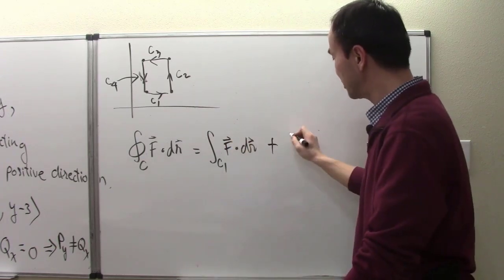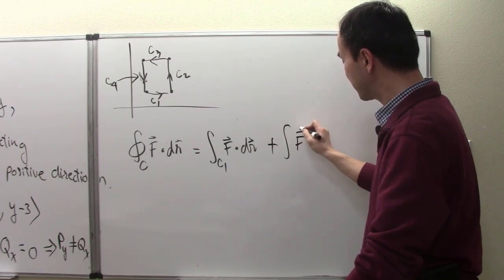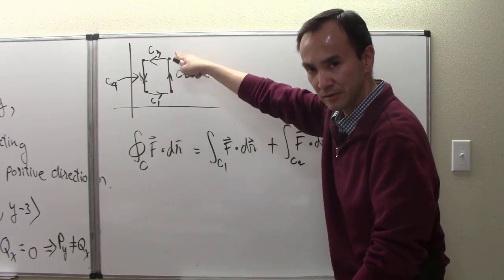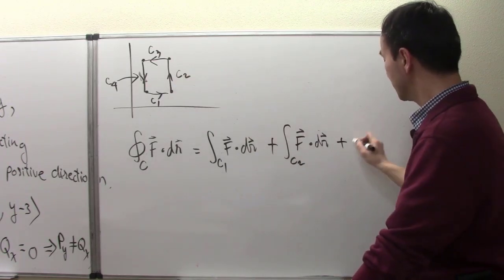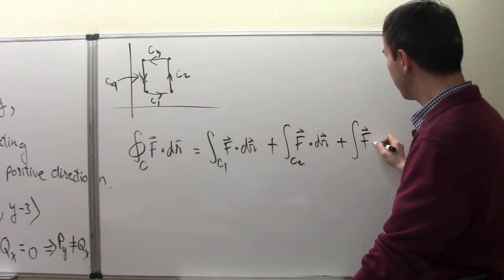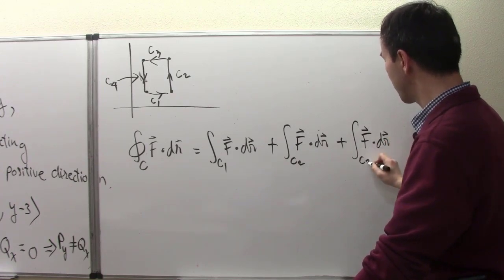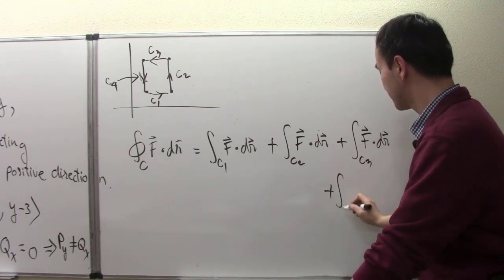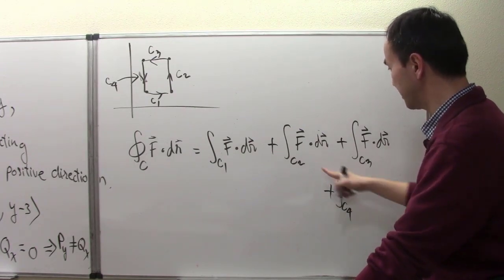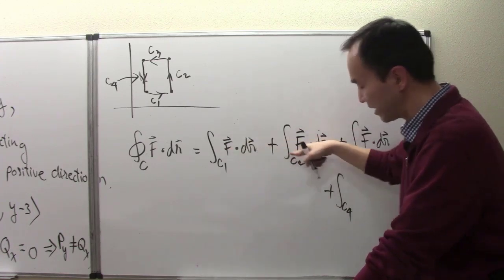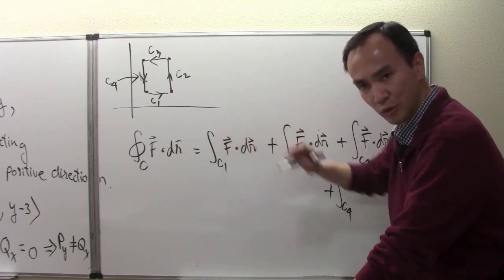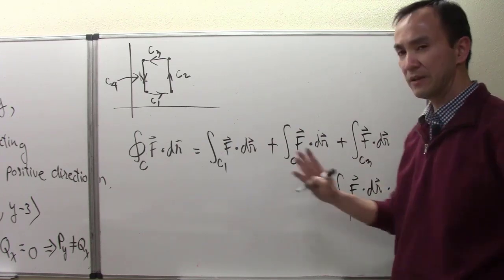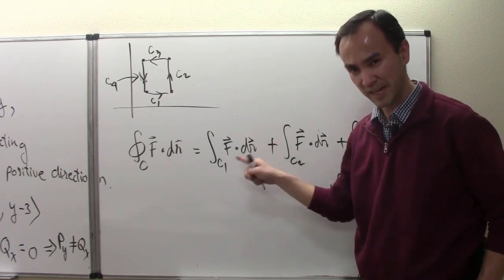And add that to the line integral, same vector field, on C2 from here up, and a line integral for the same vector field on C3 from this point over, and the last result along C4. None of these is a line integral on a closed loop. This is what we needed to do if we were doing it without Green's theorem.